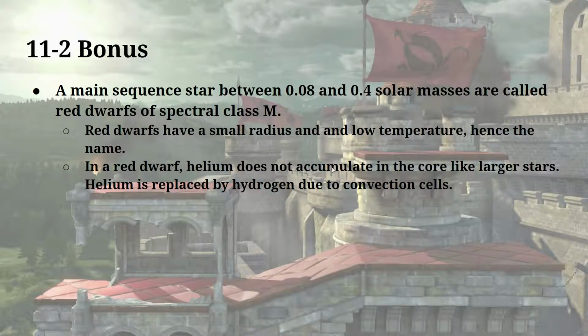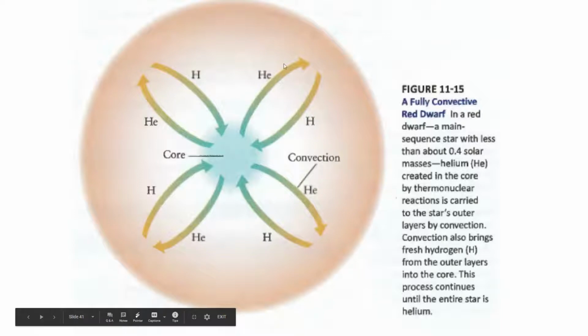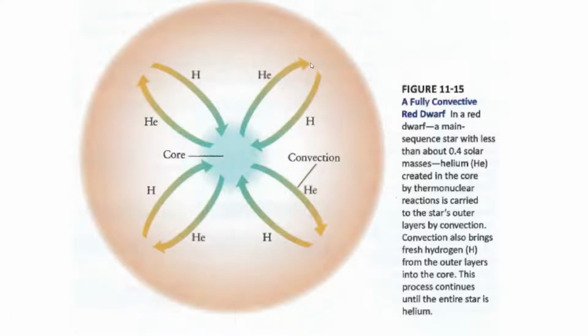In a red dwarf, helium does not accumulate in the core like large stars. Instead, it gets replaced since the entire star is consistently moving around in this circle. So remember, convection is these little bubbles, right? Hot air rises, cool air sinks, and it kind of makes that combo. Our sun only has it like right here, right? Our sun just does convection currents on the outside.